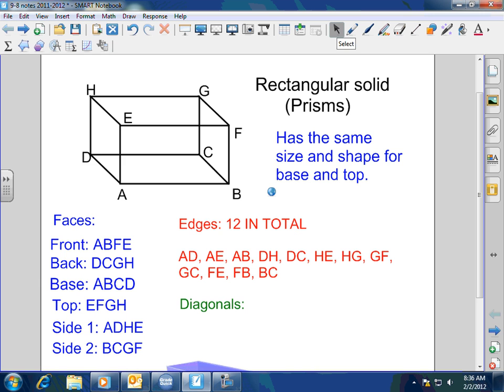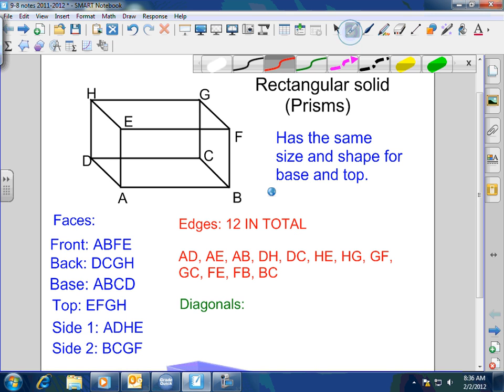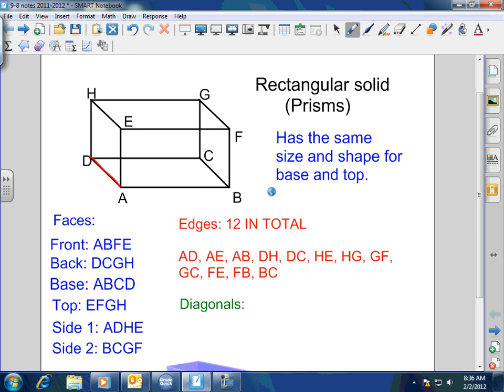You have AD, AE, AB, DH, DC, HE, HG, GF, GC, FE, FB, and BC. Those are the edges. Does that make sense?